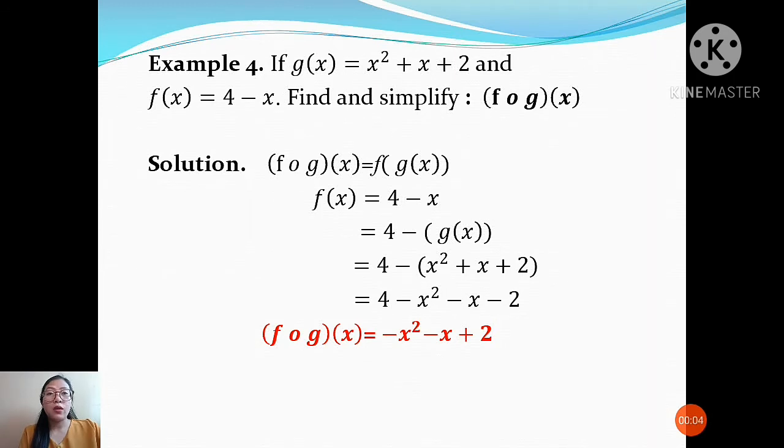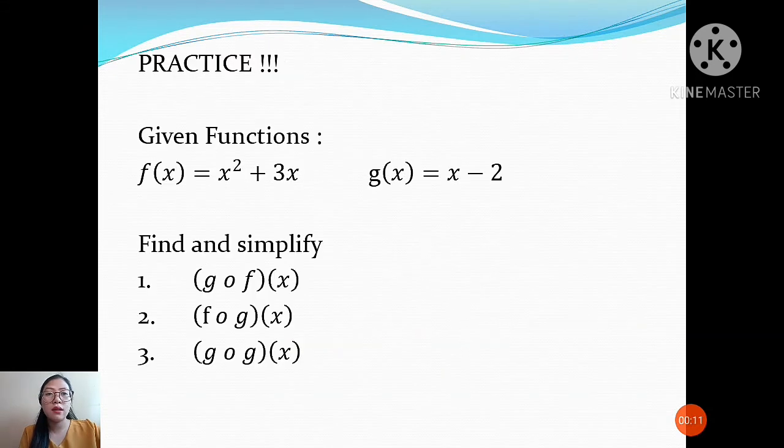That's it. I hope you understand. Now let us proceed to your practice exercises. These are the given functions: f of x equals x squared plus 3, and g of x is equal to x minus 2. Now we have to find and simplify these.